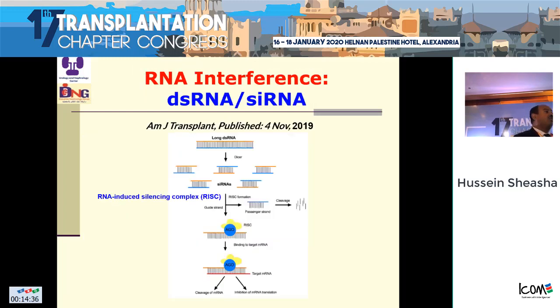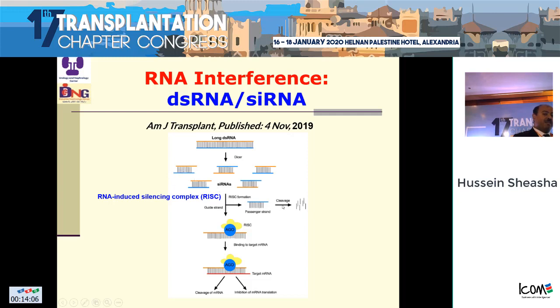Let us consolidate the meaning. What is the principle? What is the value of the presence of double-stranded RNA? This is the long double-stranded RNA, which faces Dicer. Dicer is an enzyme that changes this long double-stranded RNA into a smaller one. And then the smaller double-stranded RNA has two strands.